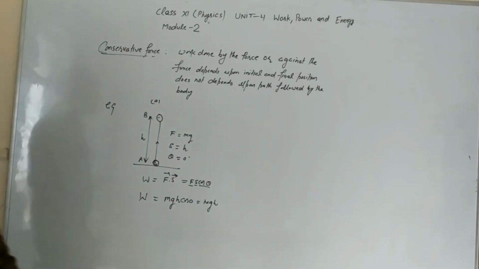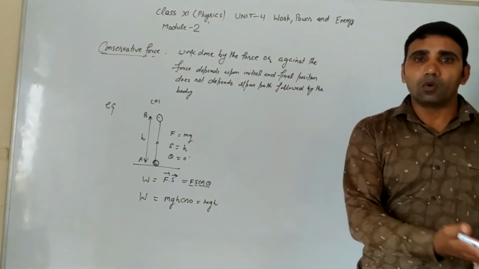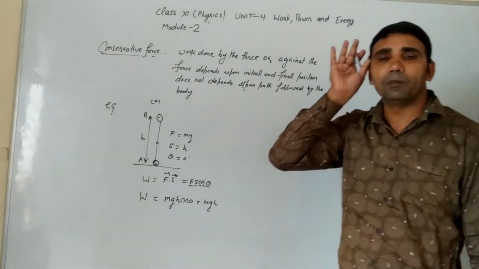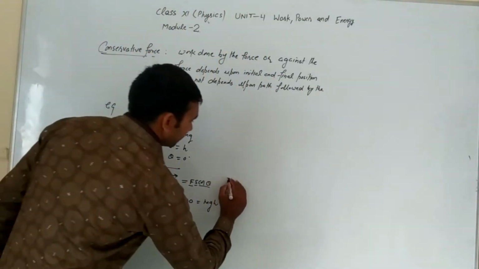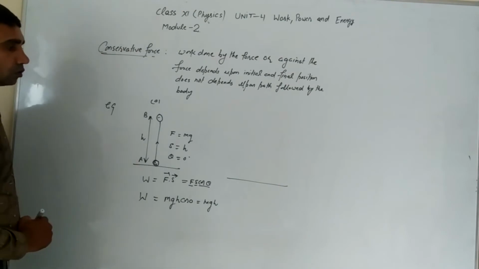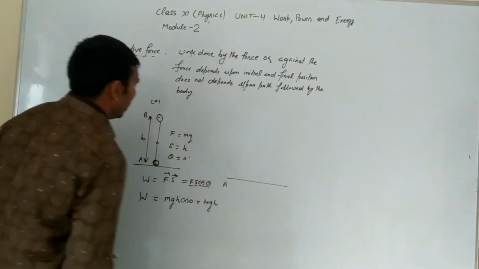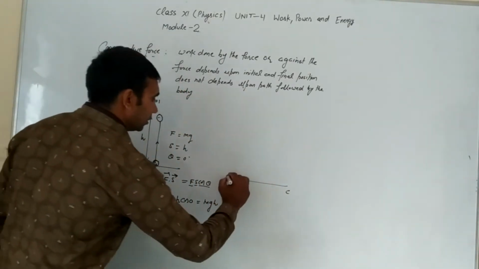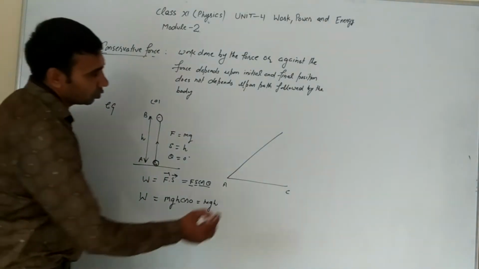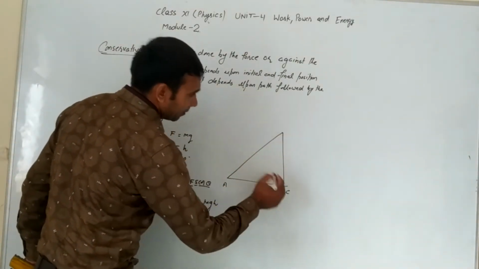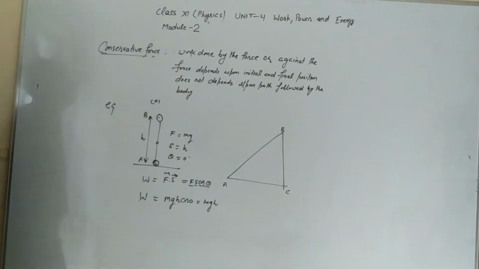Now, in the second case, when a body is raised on an inclined plane to a height h. This is the horizontal plane A, and this is C, and this is the inclined plane. The body is raised on this inclined plane AB. Then what is the work done?